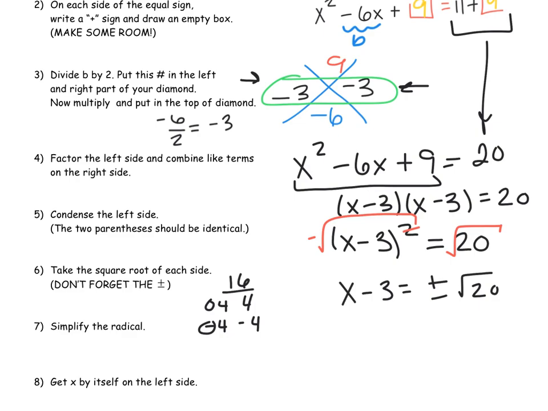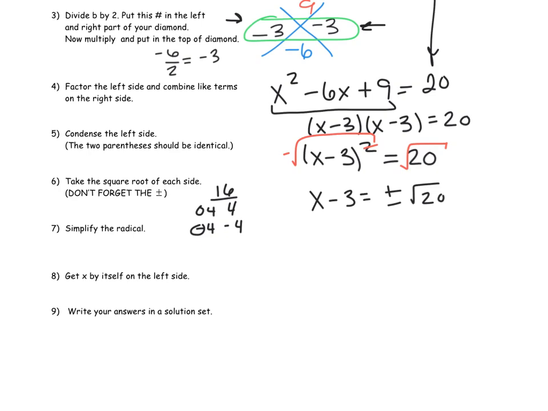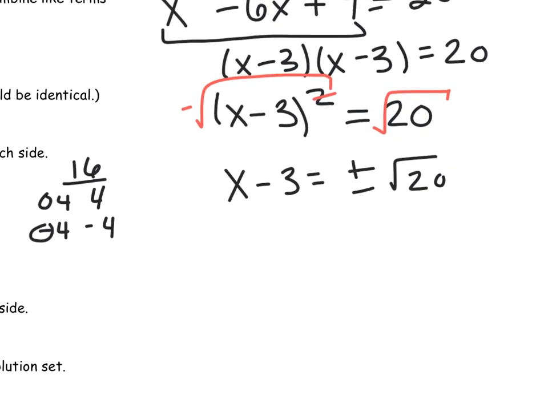Step 7 says simplify your radical. So what I do to make it easier for myself is I just write the radical underneath the question, and I simplify it by itself. So I look at the numbers that make 20, 4 and 5, 2 and 2. I circle, circle, circle, and I write them under my radical.